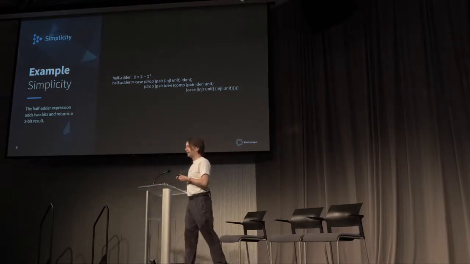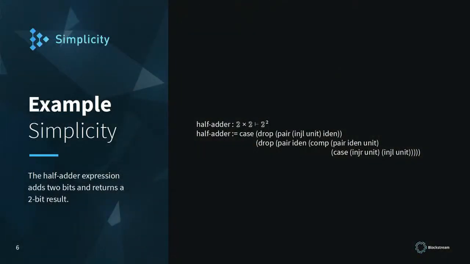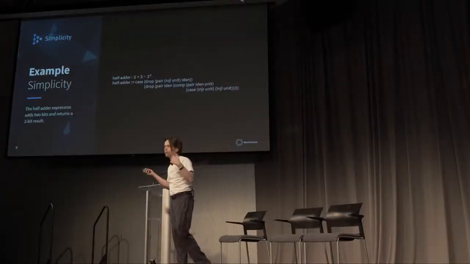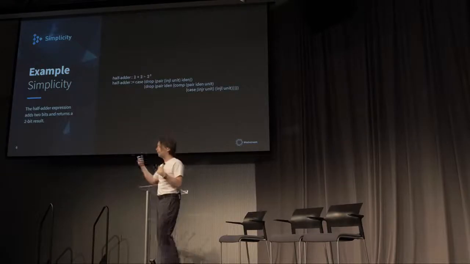So this is an example of how to implement a half adder, for those who took digital logic at university, right? We have 2 input bits and it produces a 2-bit output, which is the sum of the 2 input bits. And we don't have to go over the code, right? But the hand-wavy explanation here does a case analysis on the first bit. If the first bit is 0, then it produces an output which is 0 followed by a copy of the second bit.